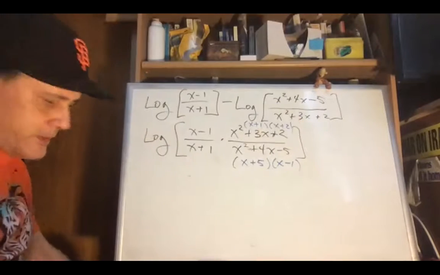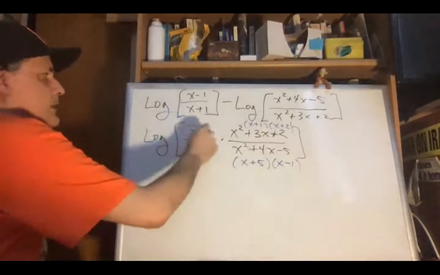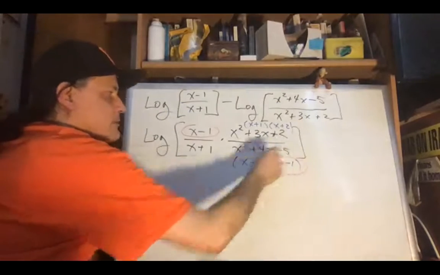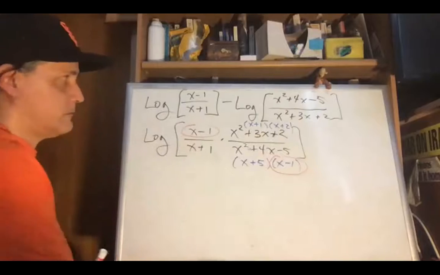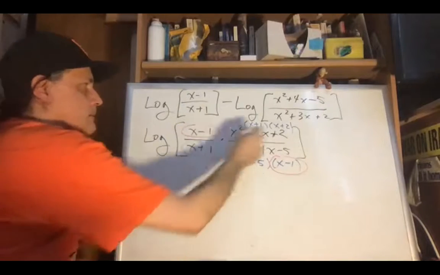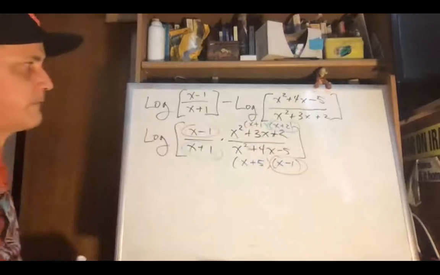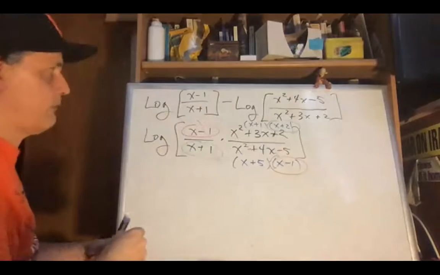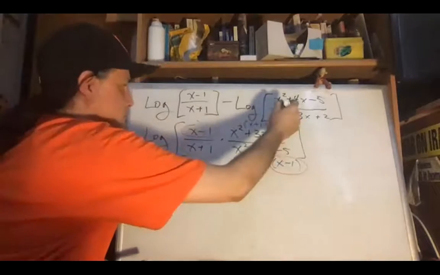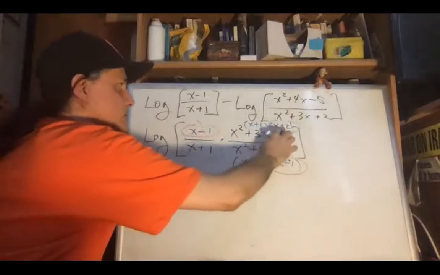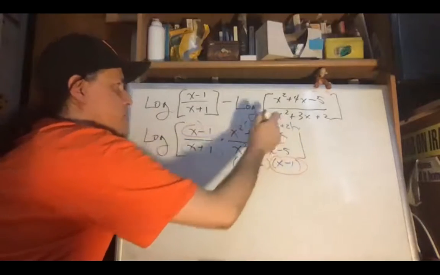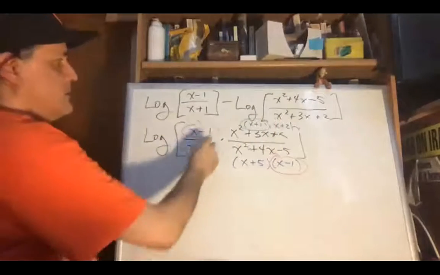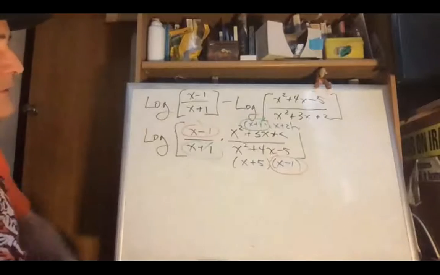Okay, and then notice what happens is we have common factors in the numerator and denominator. And so we can divide those off. So we divide the wrong one, the x plus 1. We divide those. All right, so what do we have left?